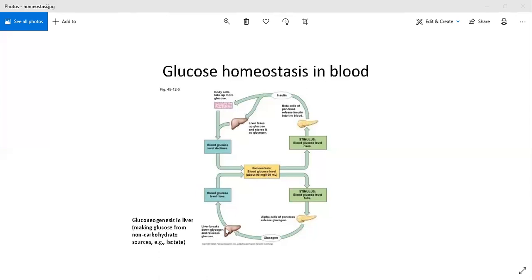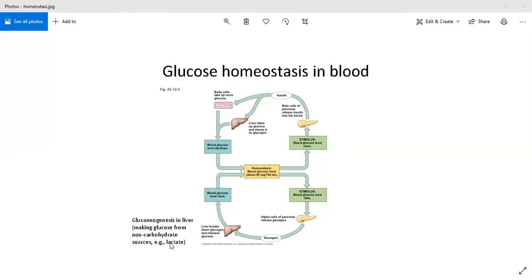But if glycogenolysis happens and the blood glucose could not return to the normal amount, it is still very low, then gluconeogenesis will now be activated. So the liver causes the breakdown of proteins and fats into carbohydrates and the breakdown of lactates also.